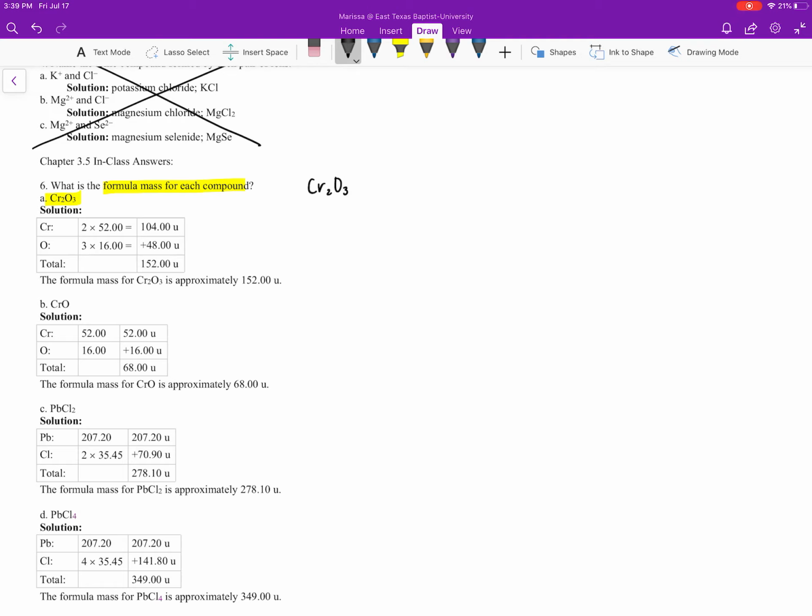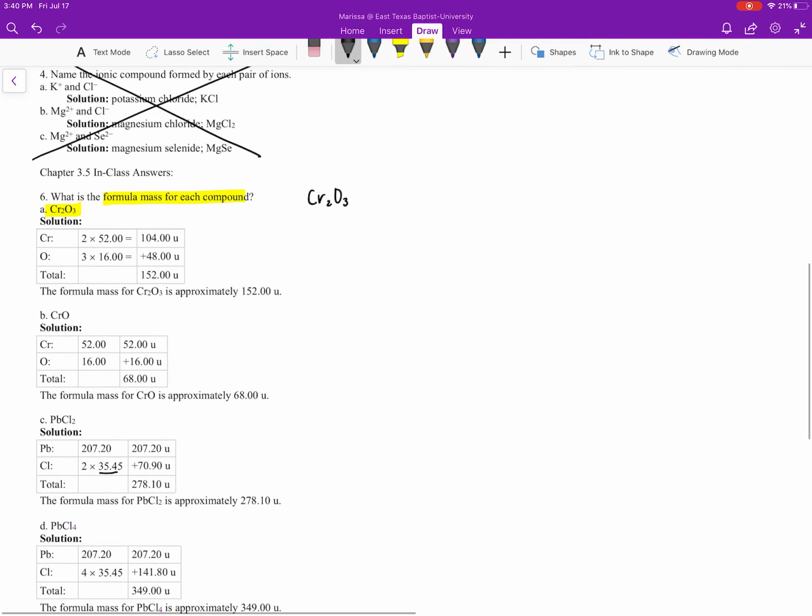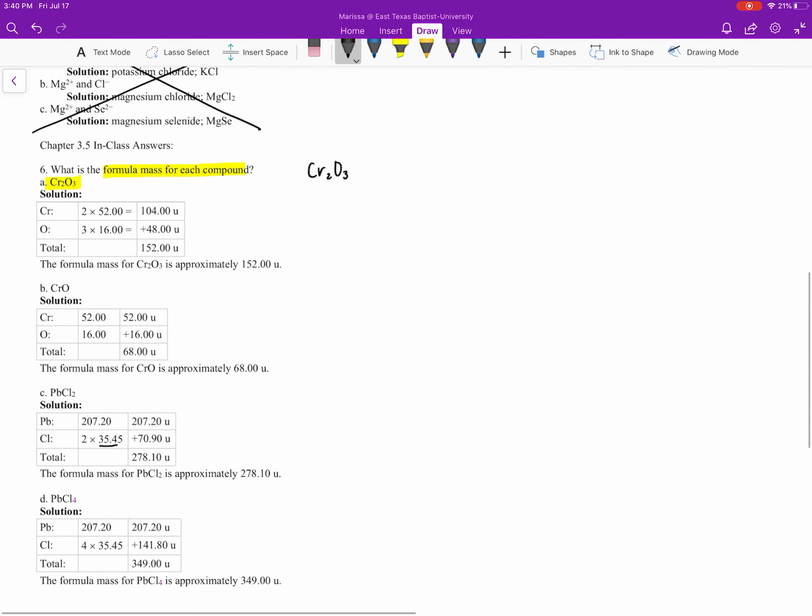Chromium's atomic weight on the periodic table is approximately 52, so we can round the numbers up. Most of them are going to be close to a whole number. There are a few exceptions where it's not a whole number and it's not close enough to round, and that would be something like chlorine. As you can see here, chlorine, 35.45. We're going to use those numbers all the way out, but sometimes we can round up.